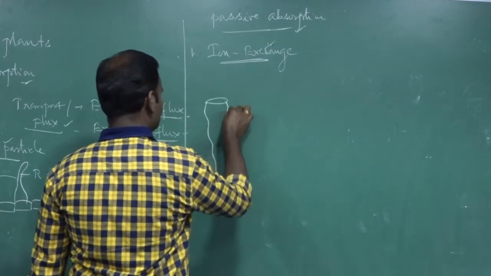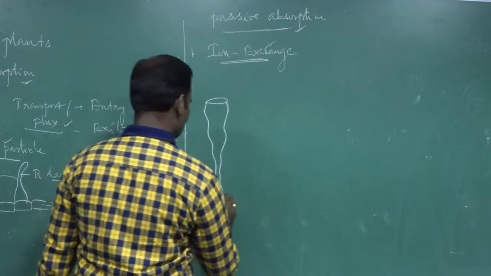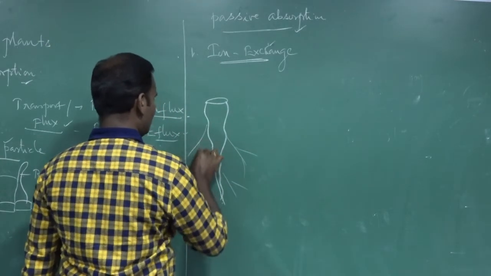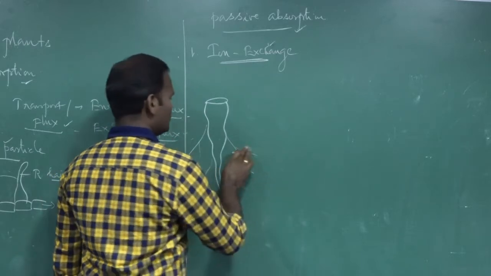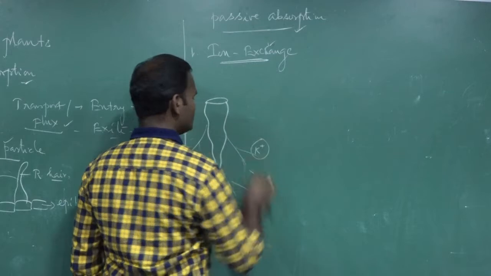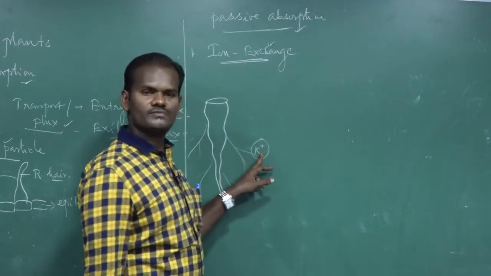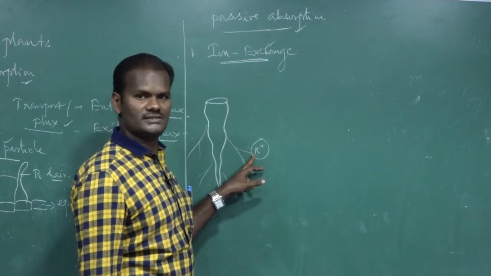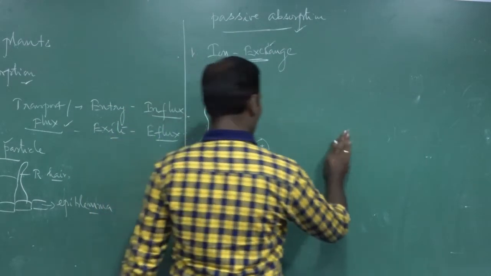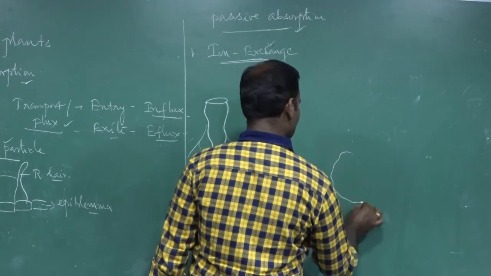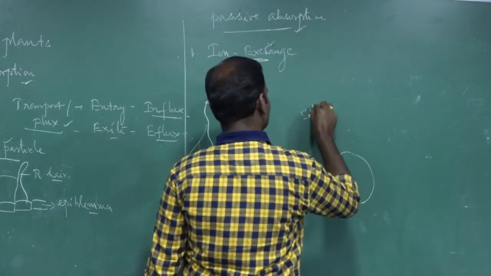It is a root: primary root, secondary root, tertiary root, then the final root. So there is a K plus ion, a cation, absorbed on the surface of the root cells. Similarly, there are clay particles in the external soil solution.